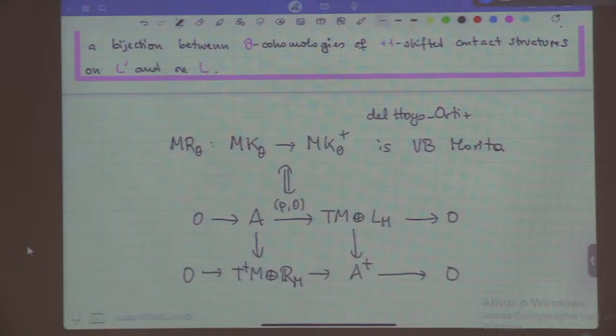Whereas you have the connection differential of theta, and here you have the same twist. But you can describe it explicitly in terms of this picture, and you want this to be a quasi-isomorphism.